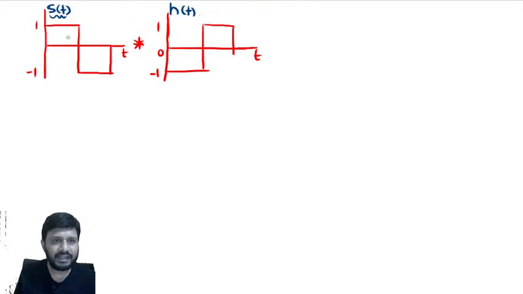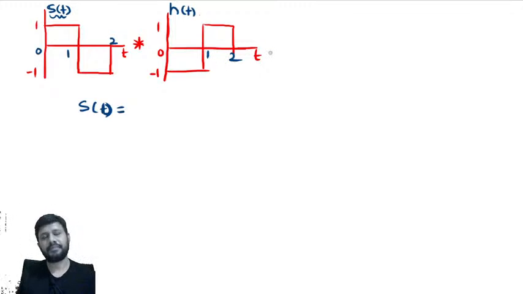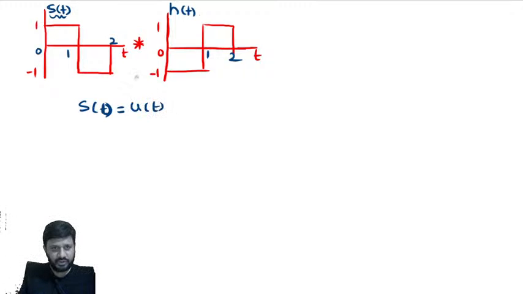Can you write the first signal, s(t), in terms of unit steps? Sorry, this is 0, this is 1, this is 2. How are you going to write? From 0 to 1, u(t).